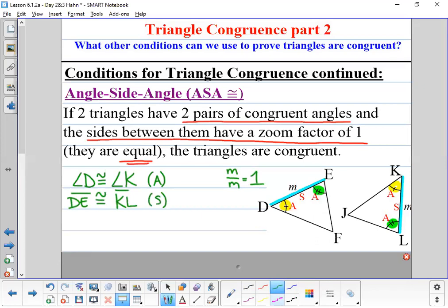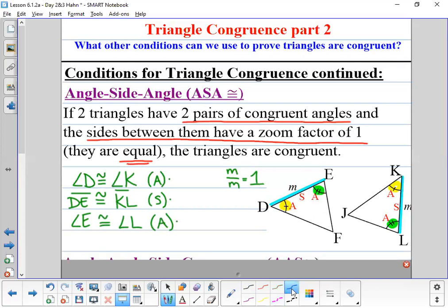So that's a pair of sides being equal. And then I have angle E is congruent to angle L. So that's a pair of angles that are congruent. So now I have met angle, side, angle. I can write my congruence statement.